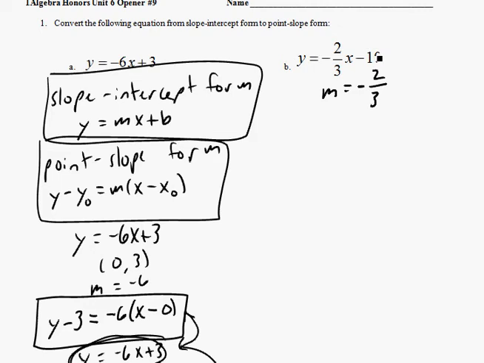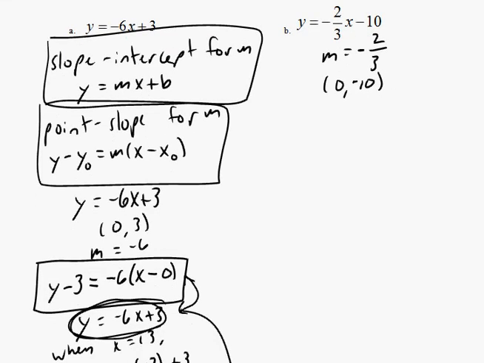And the minus 10 is the y-intercept, so the coordinates of that point would be 0, negative 10. So, probably the easiest point-slope form equation of this line would be y minus negative 10, or y plus 10, equals negative 2/3 times x minus 0.